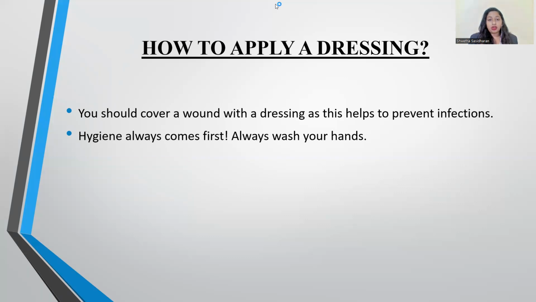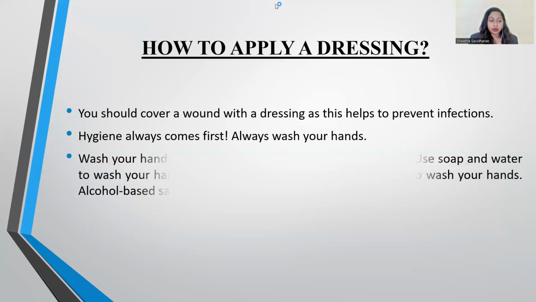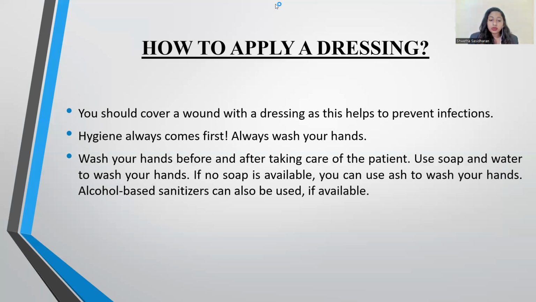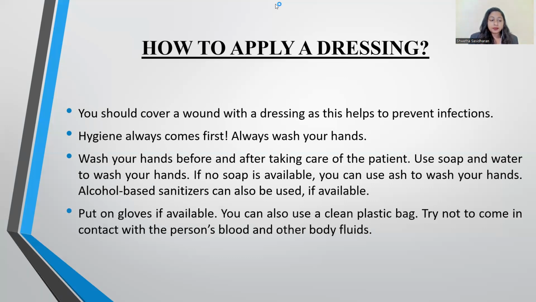Even after doing all the work, make sure you sterilize your hands again. Either wash with soap or use an alcohol-based sanitizer, anything that works. If no soap is available, try to use ash or an alcohol-based sanitizer, which can also be used and will be effective.